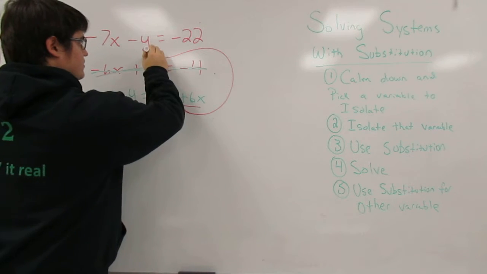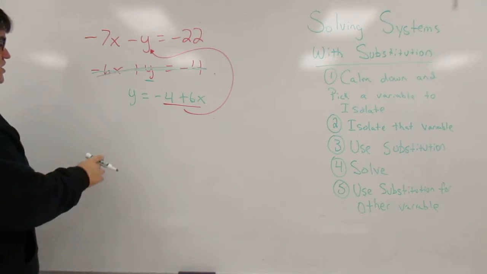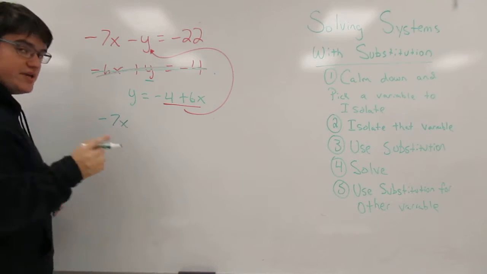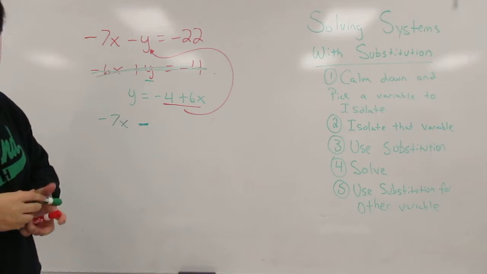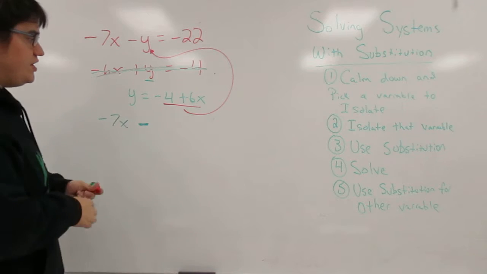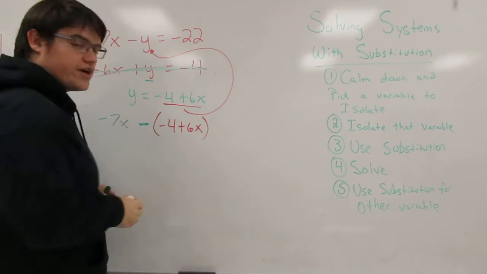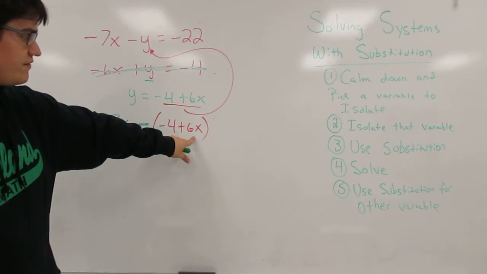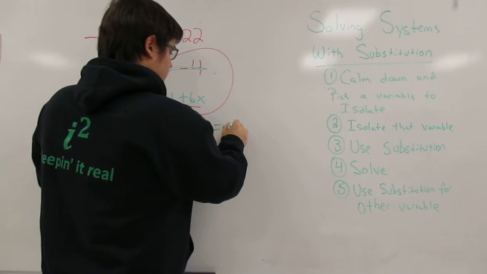Take this and substitute it in for y. So you get -7x. I've got to be careful here. You're subtracting. We were subtracting y, but now we're substituting this in there. Don't forget those parentheses. Remember, this is just a fancy way of saying what y is. And that equals -22.